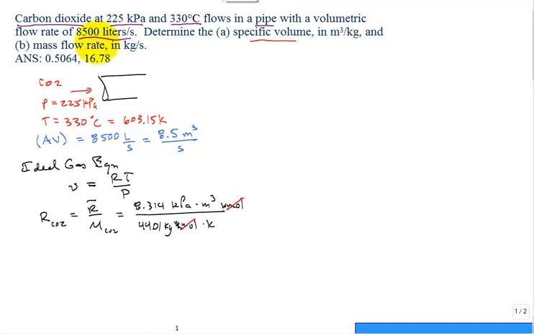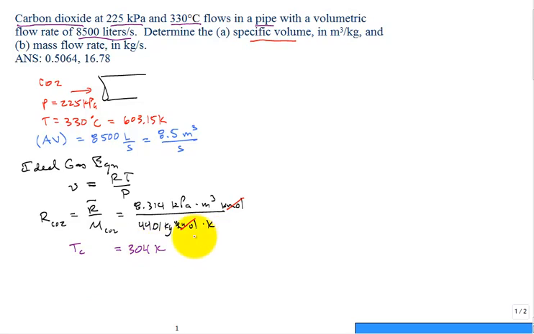It looks like it's going to be an ideal gas, but we can get not just the molar mass of CO2, but also the critical temperature. So T critical for CO2 out of table A1 is equal to about 304 Kelvin.